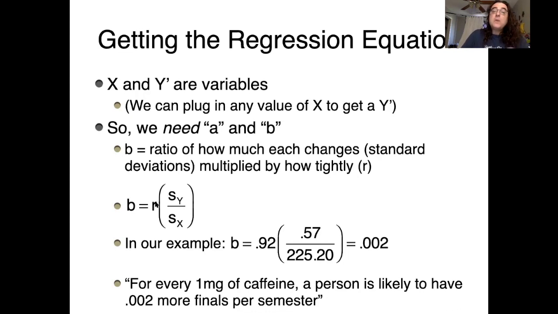If it is a 1-to-1 relationship and it's perfect, that R is going to be equal to 1. And you're just going to have one standard deviation over one standard deviation, and that's your slope. But usually the relationship isn't quite so tight, and so that R becomes smaller, and therefore the slope gets a little bit flatter.